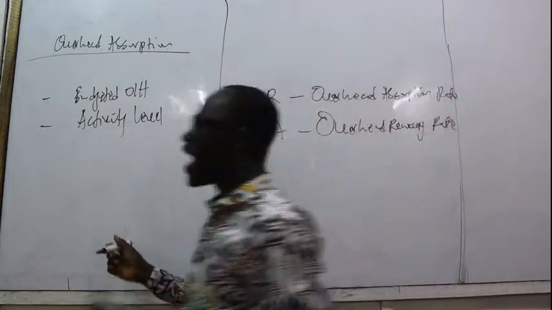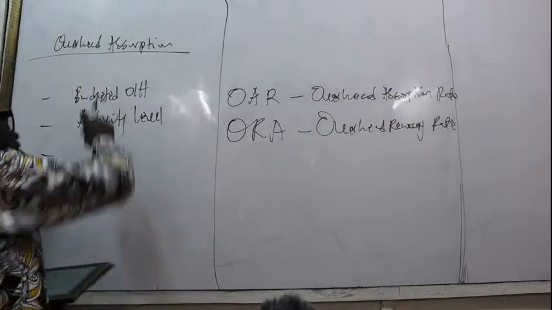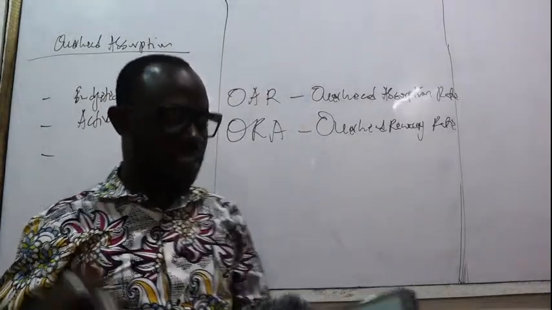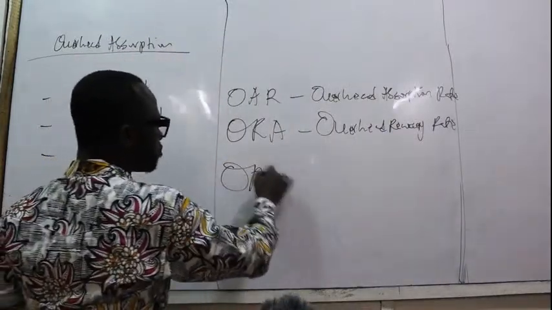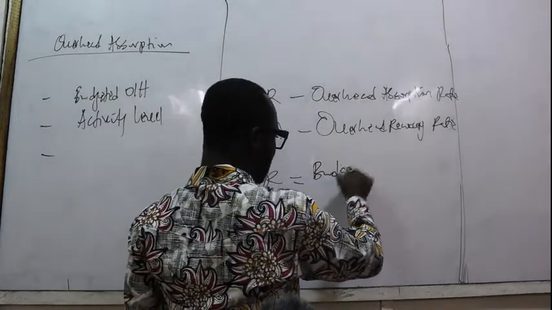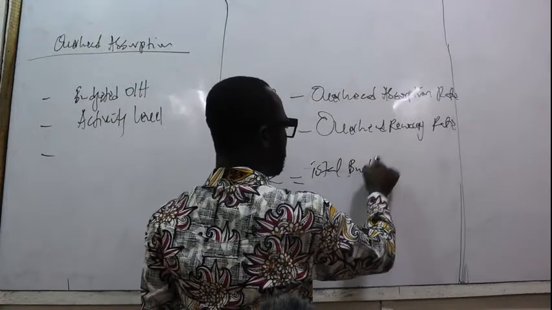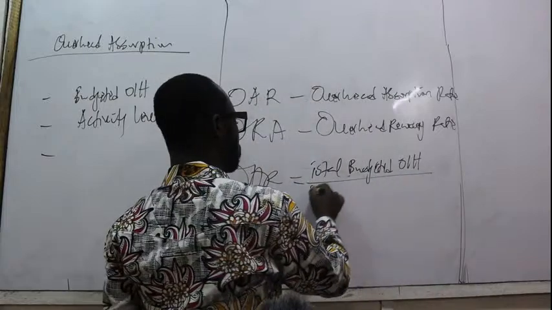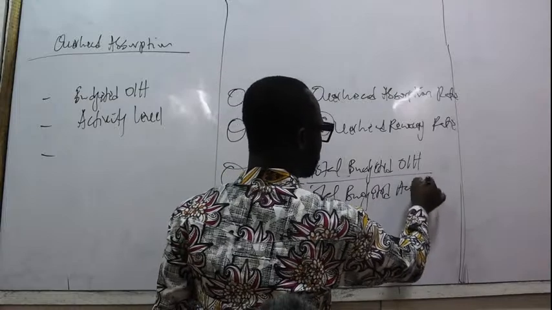Then you divide the budgeted overheads by the budgeted activity. That is what gives you the overhead absorption rate. Then you now absorb it using the rate. So your overhead absorption rate is going to be equal to, let's put it this way, total budgeted overheads divided by total budgeted activity level.